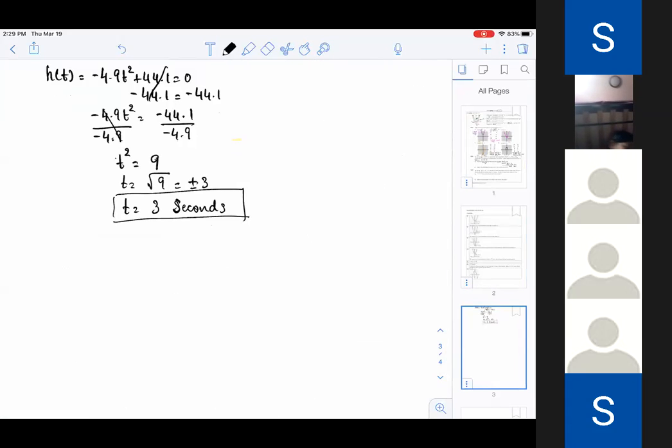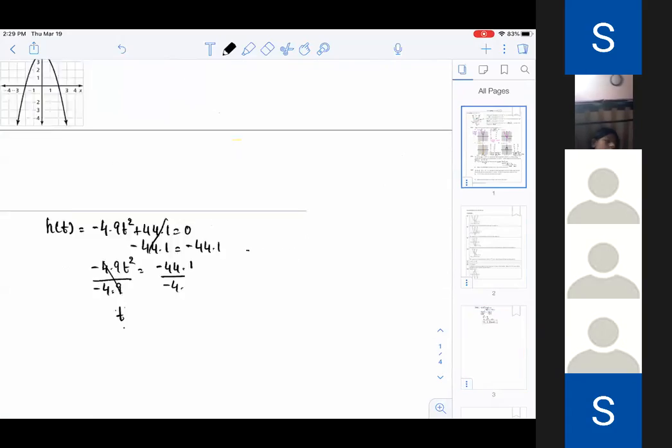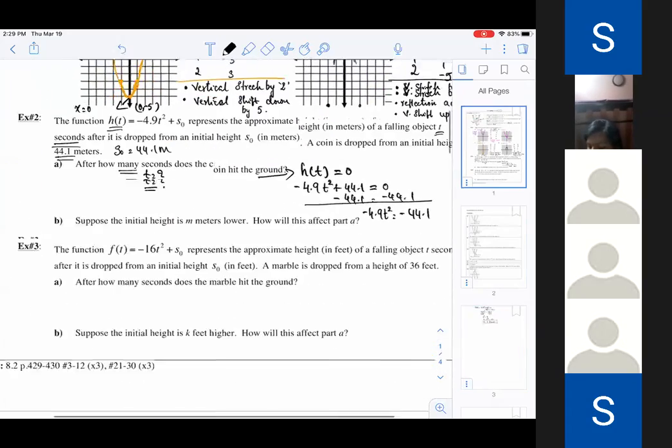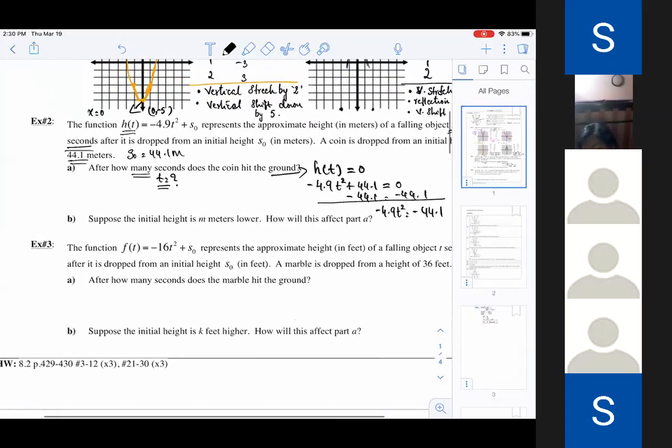Do you guys get this? Okay. Now, think about part B. If the initial height is m meters lower, how will this affect part A?